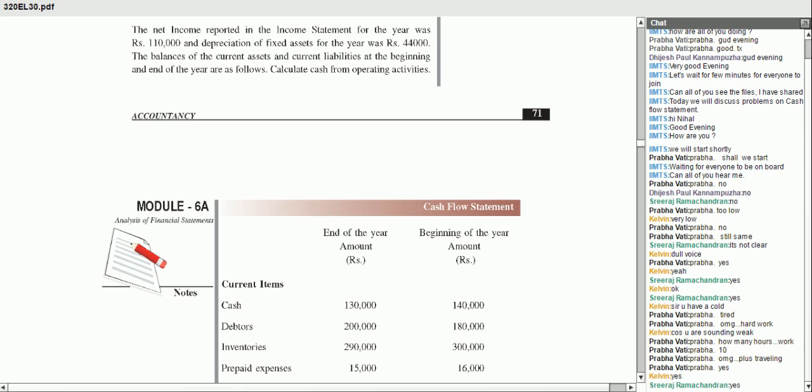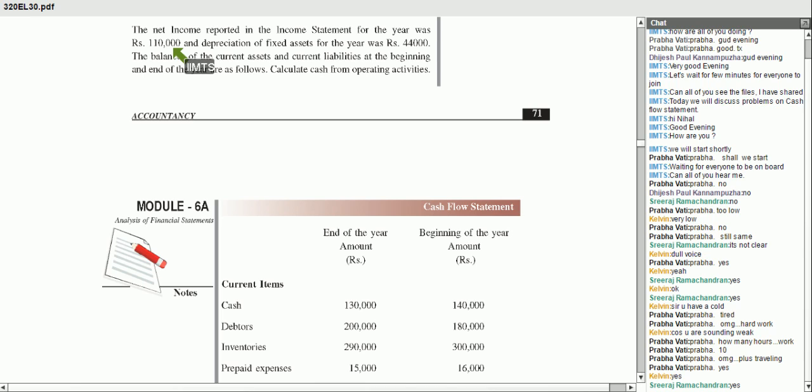So the question says, the net income reported in the income statement for the year was rupees 1,10,000. Right. So I'm taking the currency of India. And the depreciation of fixed assets for the year was 44,000. I have already discussed the basics of this topic, cash flow statement, in my previous classes, right? I hope all of you remember that.